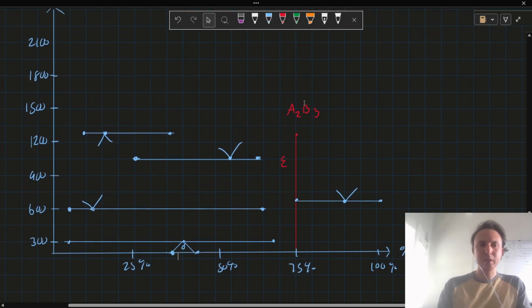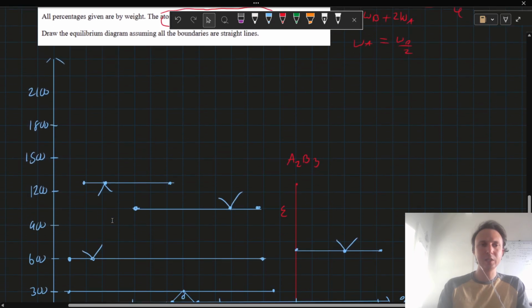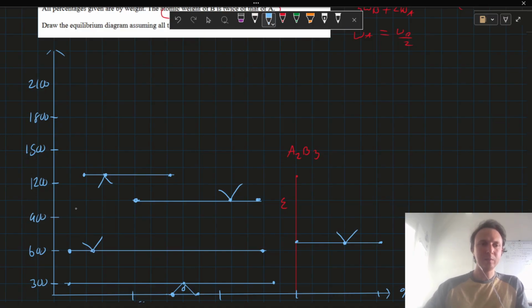Great. And then on the left-hand side, we have all the pure phases of A. So it says it has alpha, beta, gamma from the bottom to the top at 800, 1150, and 1980. So we have 800 here, 1150, and 1980. And so this will be we can connect this up, I believe, right here.